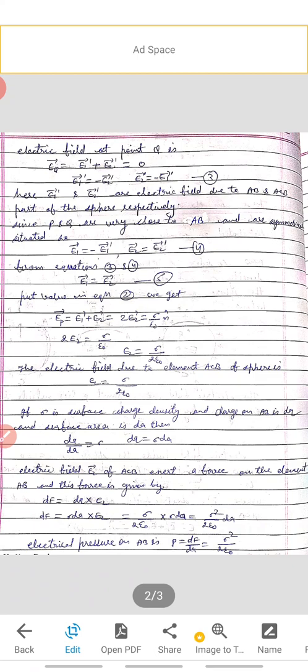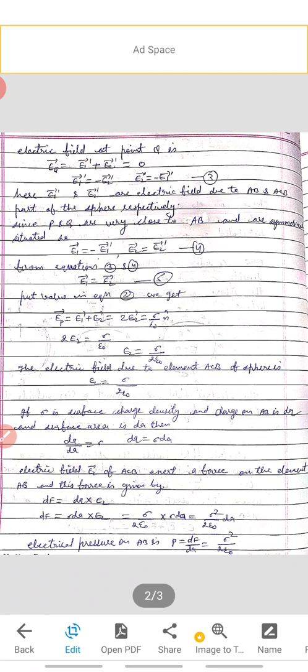Now P and Q are very close to AB and are symmetrically situated, so we can write E1 is equal to minus E1 dash and E2 is equal to E2 dash.